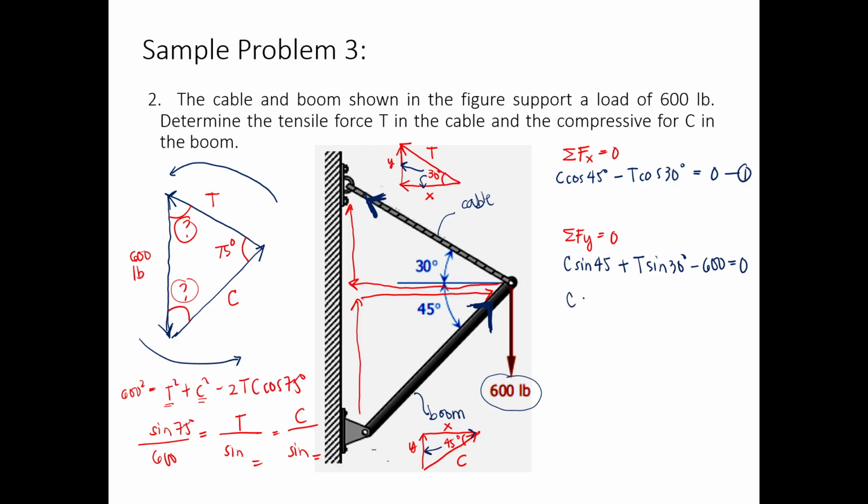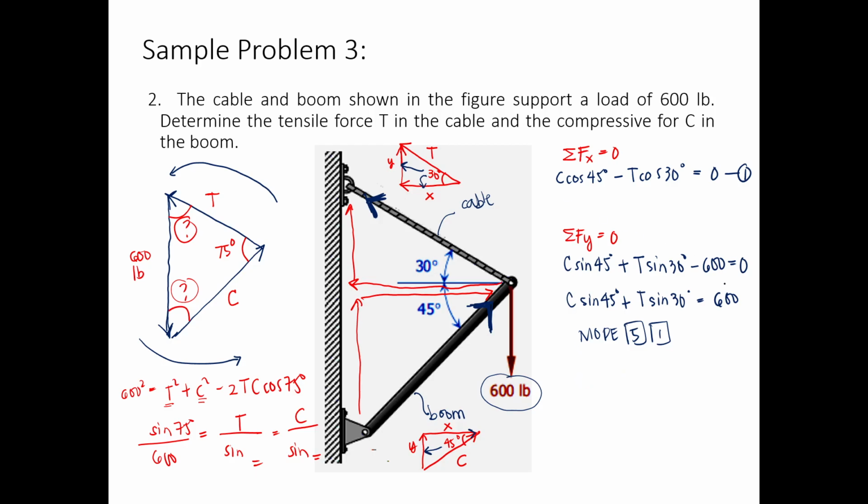Next, we rearrange. We need to isolate the 600 on the other side for us to be able to use the calculator. So again, mode 5, 1, for two equations, two unknowns.